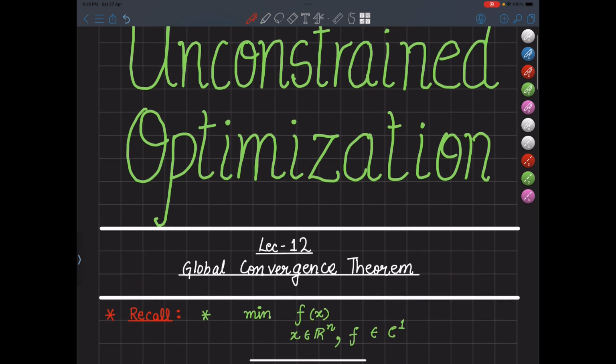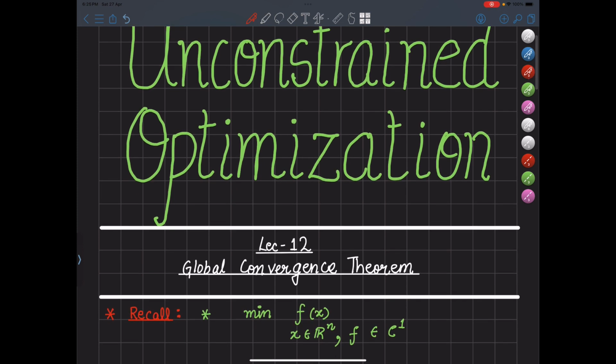In our previous lecture, we tried to develop an algorithm to solve this minimization problem, in which we try to minimize this function f(x) such that x takes value from the whole of R^n, and f is a continuously differentiable function. So here f is a real valued function, that is f is from R^n to R, that is given.